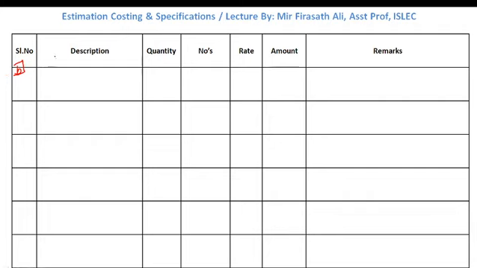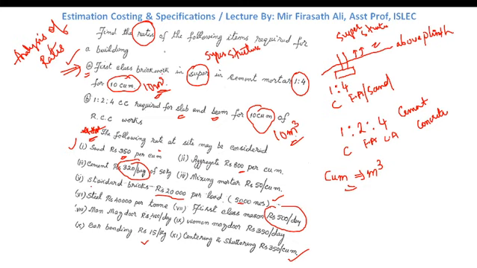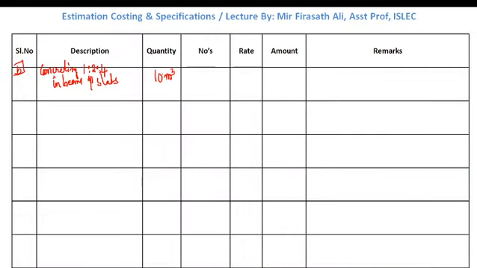It is nothing but concreting, 1:2:4. What is the quantity for that in beams and slabs? It is given as 10 meter cube in the problem.